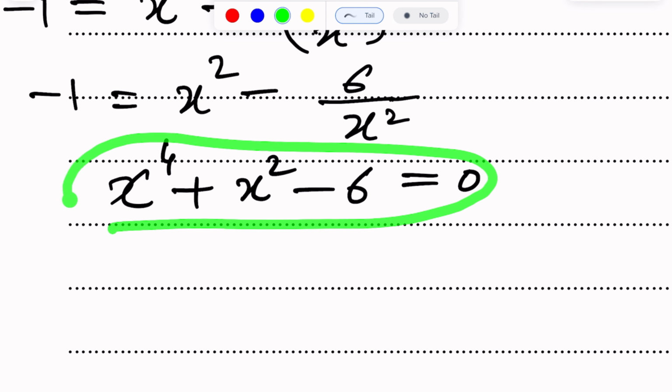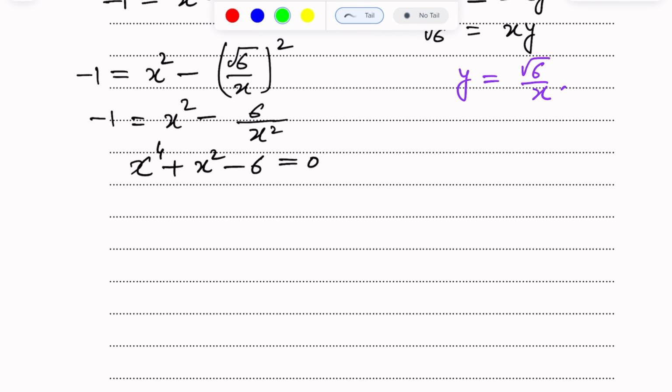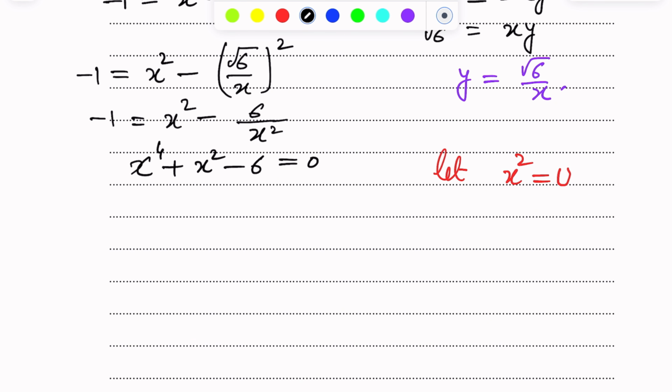So we can use the process of solving a disguised quadratic equation. Let x square be equal to u. Now this equation becomes u square plus u minus 6 is equal to 0.